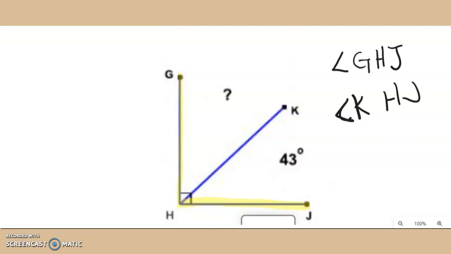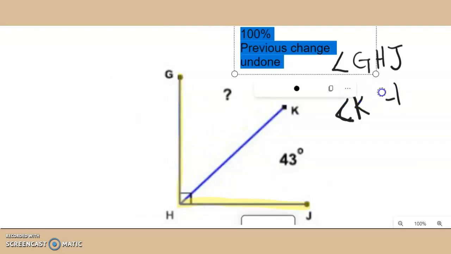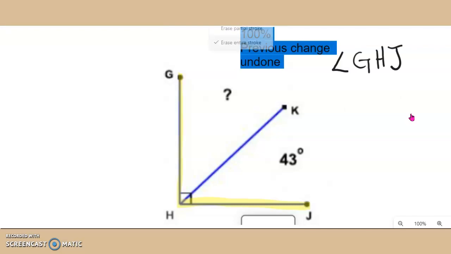Now, some of you are like, what if she asked me a really weird one? And yes, I might, but probably not as much as you think. So, for example, if I went K to H to G, you can do that.